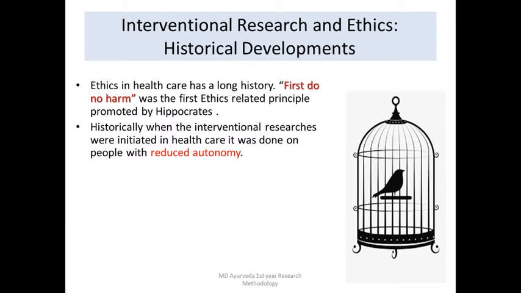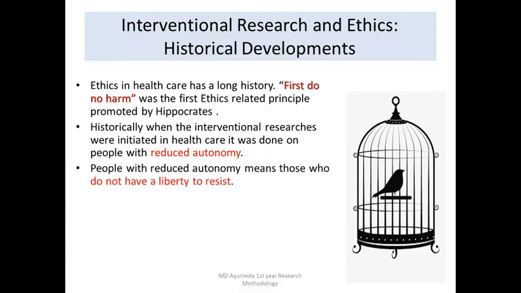What do we mean by reduced autonomy? By reduced autonomy, we mean that these are people who do not have the liberty to resist. If you are willing to give some kind of intervention to them, they do not have the autonomy to resist it, even if they do not want to have this intervention.